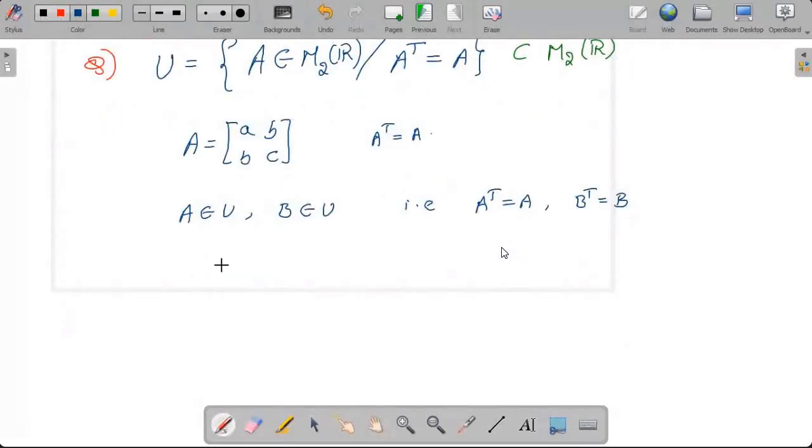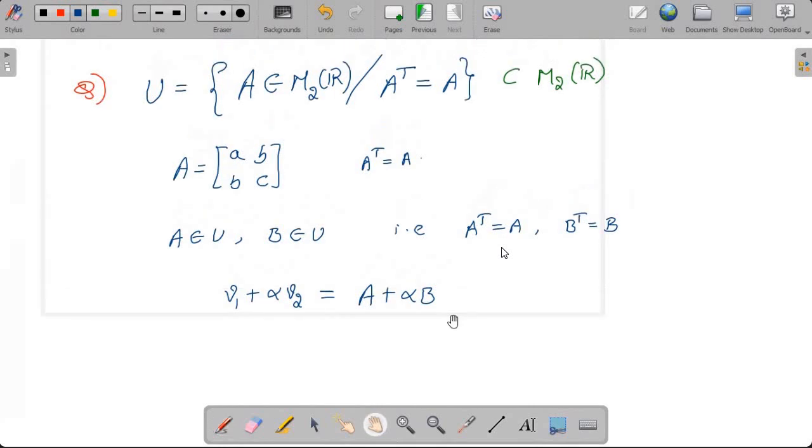Now let us go for this one condition, that is v1 plus alpha into v2, where v1 is the first element and v2 is the second element. So that is A plus alpha into B. Now we need to check whether this belongs to our set U or not. Now how do we check? We have to take the transpose of this entire matrix.